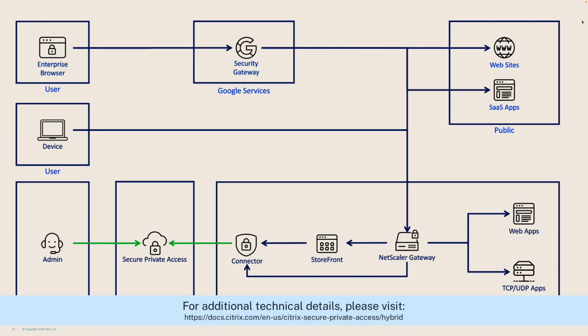By completing these 3 steps, configuring Chrome Enterprise Premium, setting up the NetScaler gateway, and analyzing your environment, you've prepared a fully integrated deployment that preserves your existing infrastructure while extending powerful cloud-managed security controls. Your hybrid secure private access setup is now ready for application publishing and real-world use. For additional details, please visit the displayed URL.